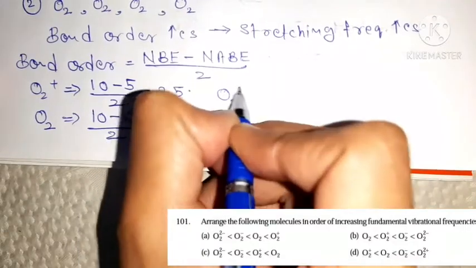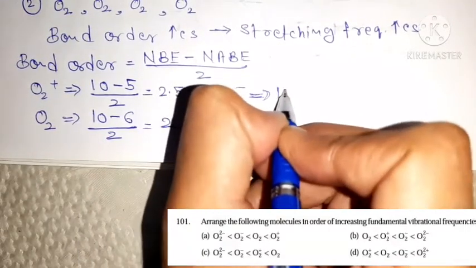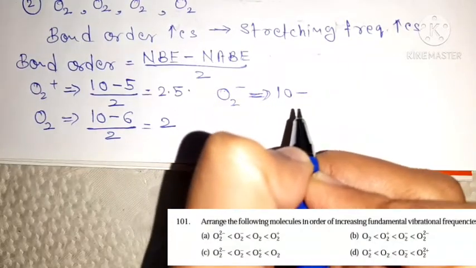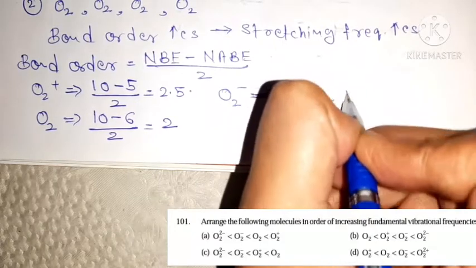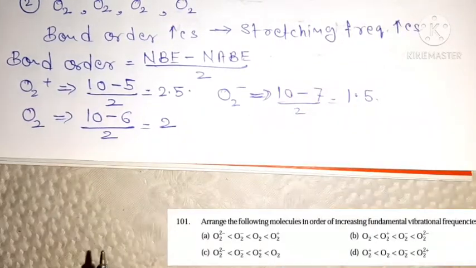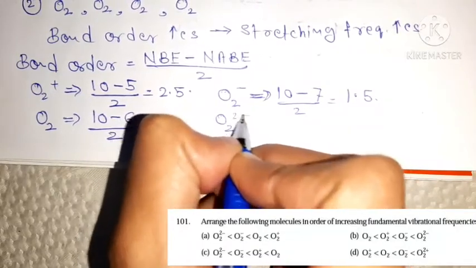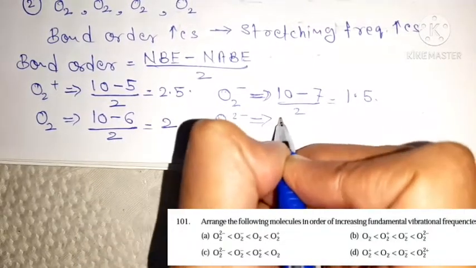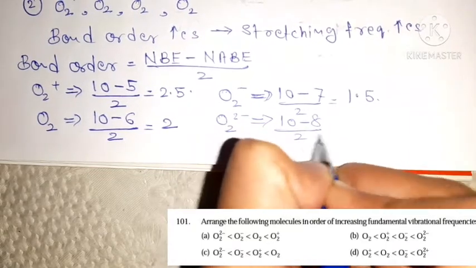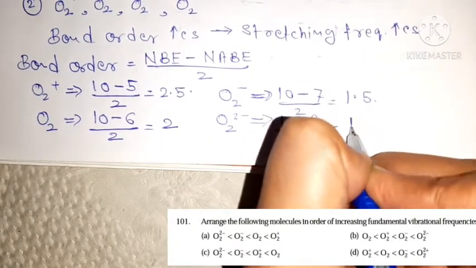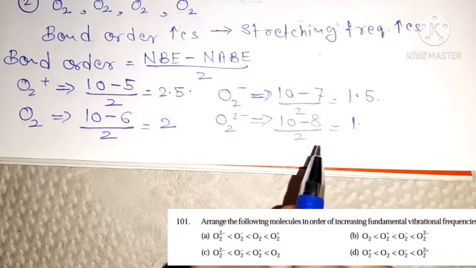Now the bond order of O2-: the number of bonding electrons is also 10, but the number of anti-bonding electrons is 7, so (10 minus 7) by 2 is 3/2, which is 1.5. So the bond order of O2- is 1.5, and the last one is O2 2-. Its bond order will be 10 minus the anti-bonding electrons 8, by 2, that is 2/2, so it is 1. The bond order will be 1. Understand?